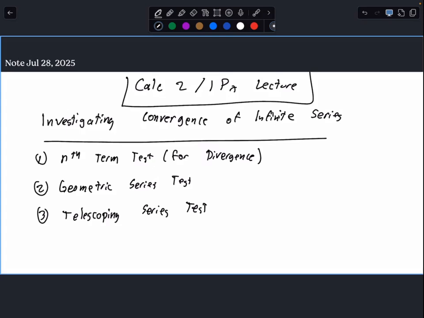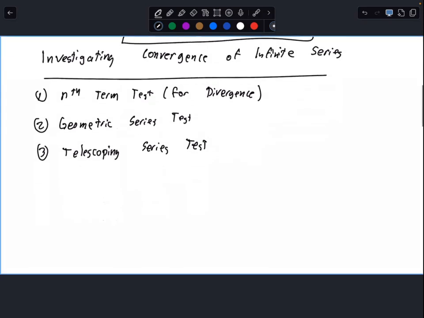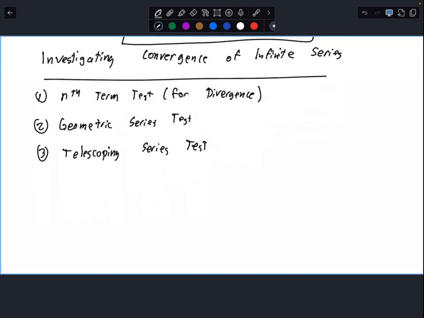If I say something like on your final, determine if the series converges and find the sum if it converges, then you know I'm talking about a telescoping or a geometric series specifically. I could also say if it is geometric or telescoping, find the actual sum. But again, you're just checking if it converges, not what it converges to.